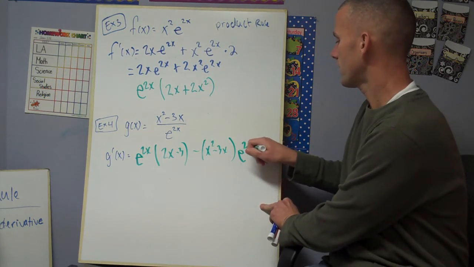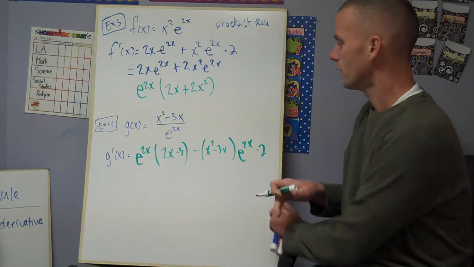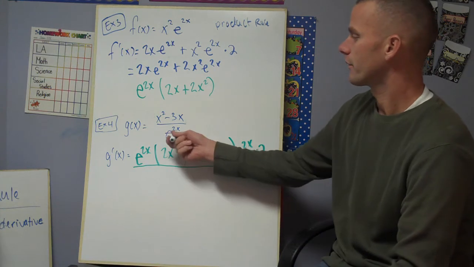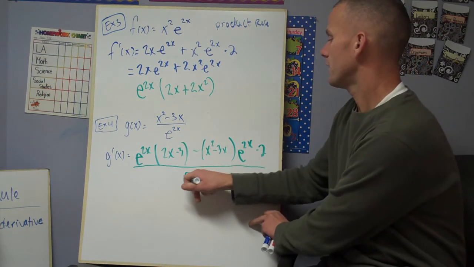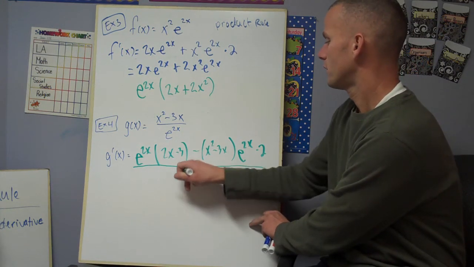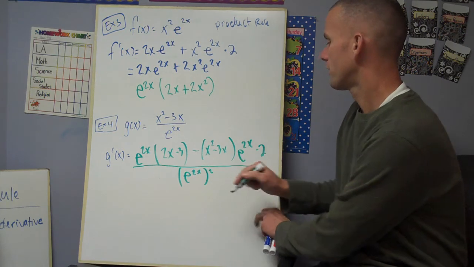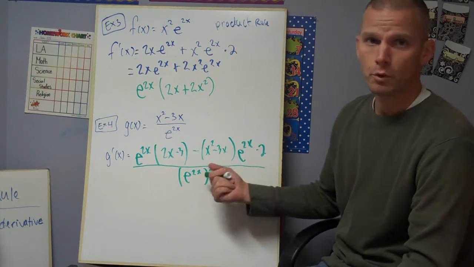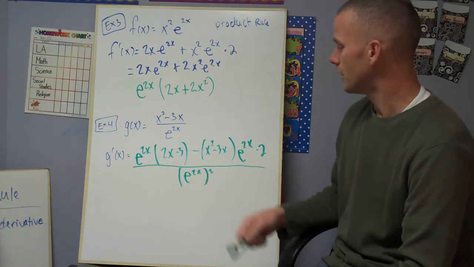So that's e to the 2x times 2. All divided by e to the 2x, but you've got to square it. So remember, power to the power, just multiply the powers together. So that's actually going to be e to the 4x power.